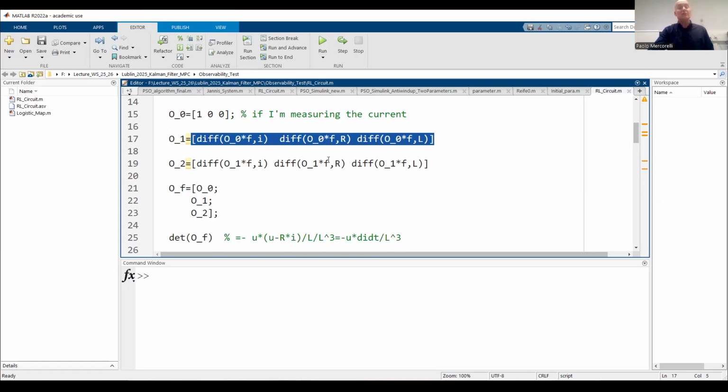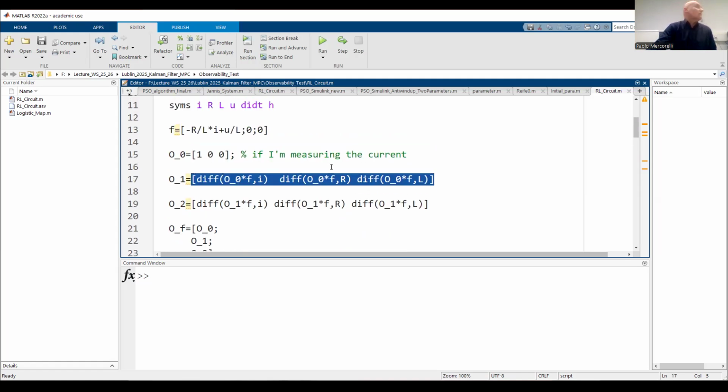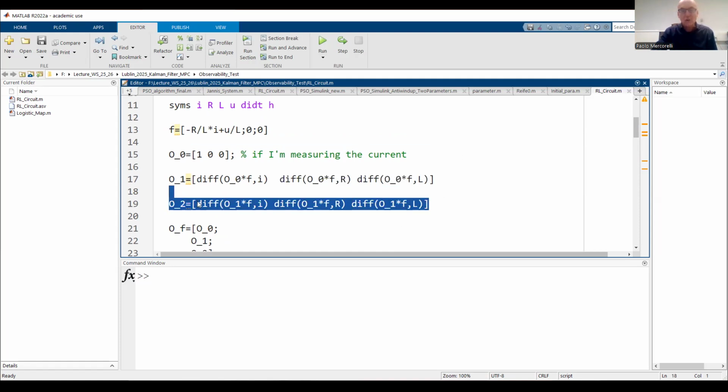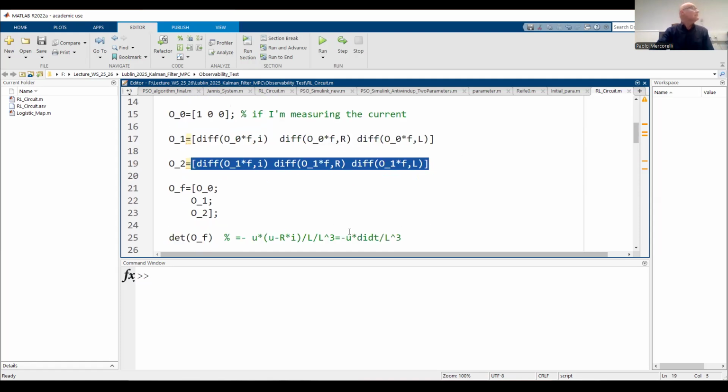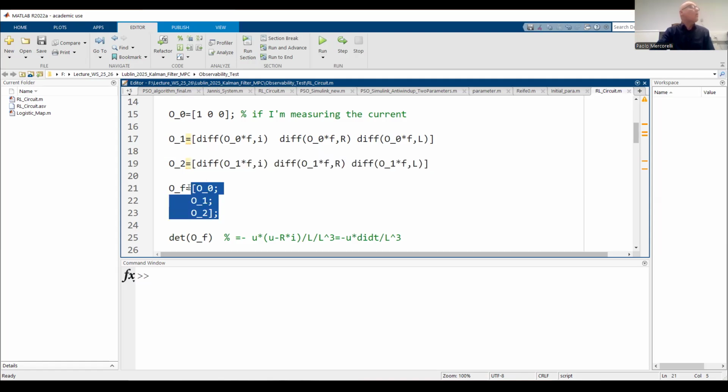Now, once we understood this, which is not many things to understand, just to remember what I explain now, we avoid all these boring derivative calculations. Then we do O2 in the same form, just replacing O0 with O1, and then we're ready. For the system consisting of three states, current, R, and L, we have to proceed from O0 until On minus 1, but n is 3, this means until O2.